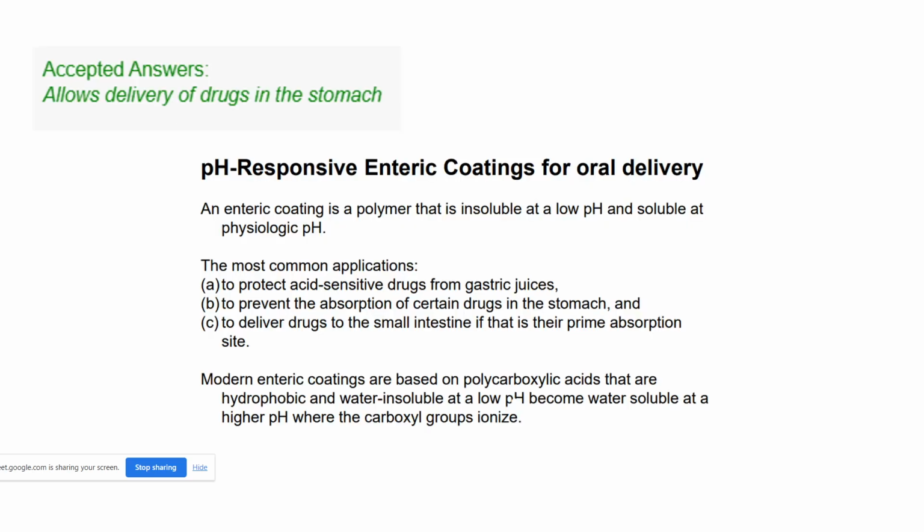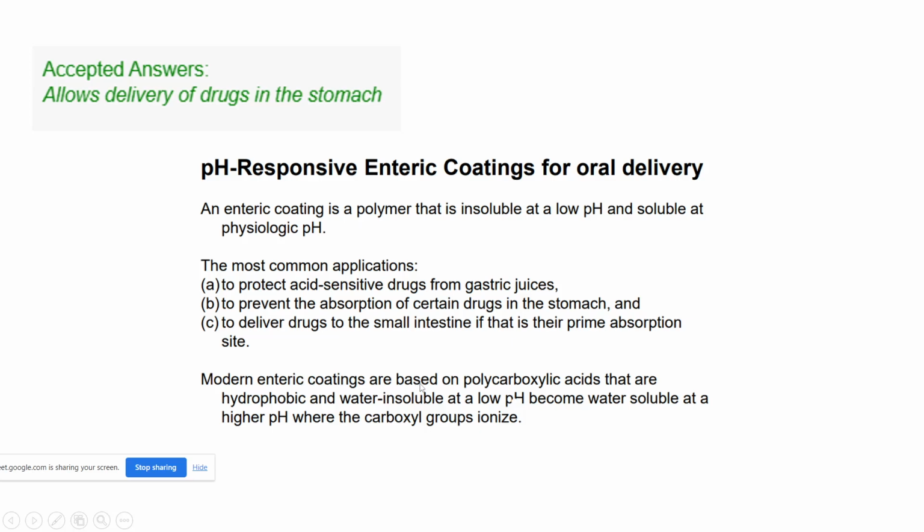Okay, you all are correct. It is the fourth option, that it allows delivery of drugs in the stomach, when rather it prevents delivery of drugs to the stomach. pH responsive enteric coatings are mainly made up of polymers that protect the drugs from degradation in the acid environment of the stomach, protect sensitive drugs from gastric juices, prevent absorption of certain drugs in the stomach, and deliver drugs to the small intestine if that is the prime absorption site.